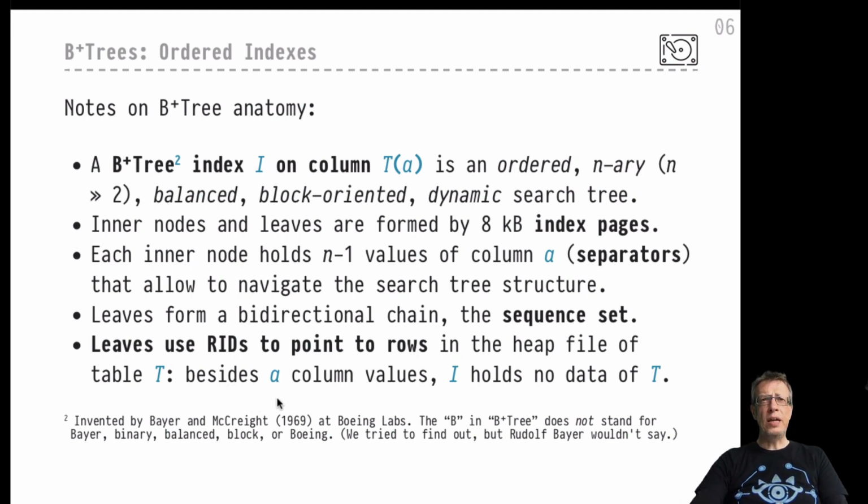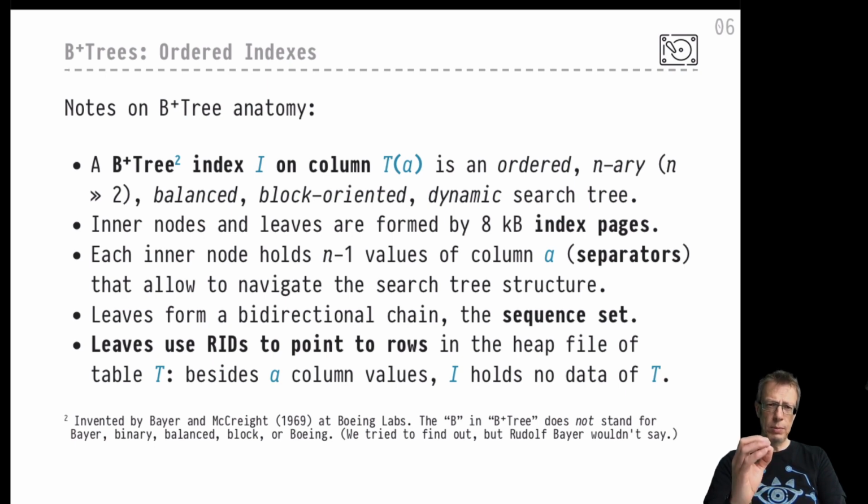Besides the A values, the separator values that guide our search in the inner index nodes, and besides the A column values that are associated with the RIDs here inside the leaf pages, as you will see, there is no other data, no other row data from column T to be found inside such a B+Tree index, unless we explicitly put it there.